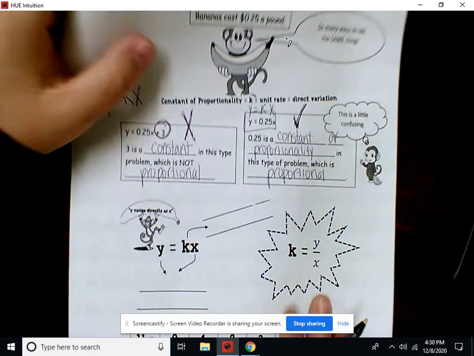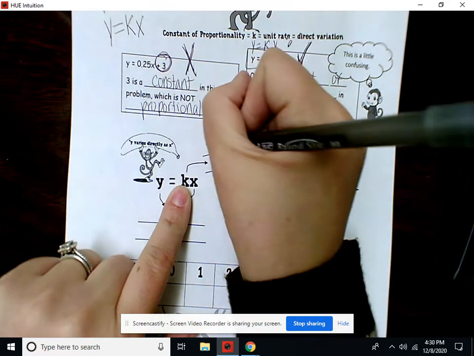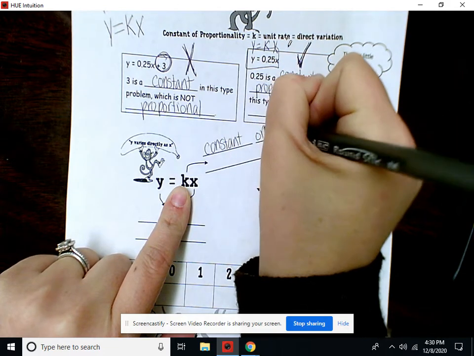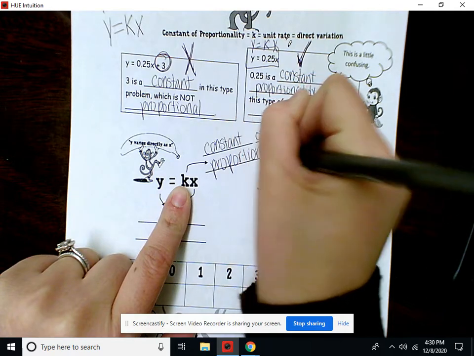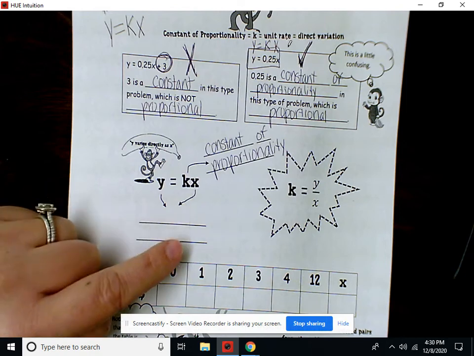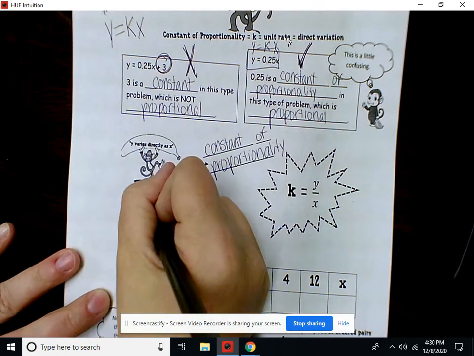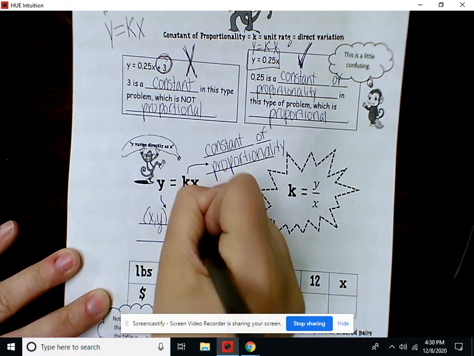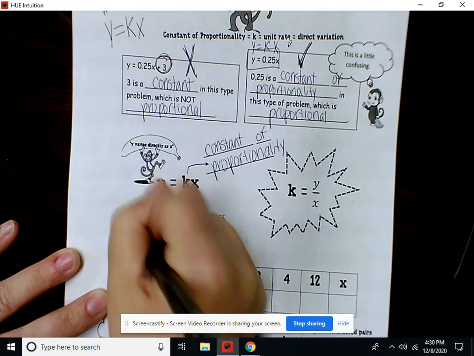Okay, so kind of digging more deep into the equation part. So the K is what we call our constant of proportionality. Okay, and then Y and X are actually what we call ordered pairs. And we can also put in numbers.